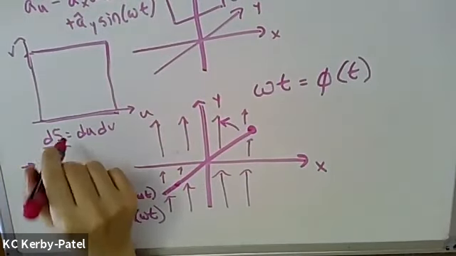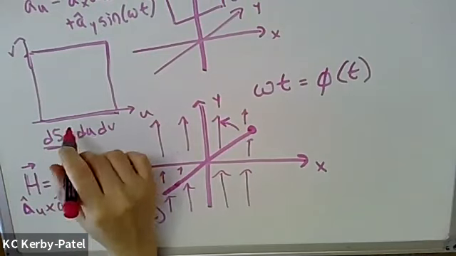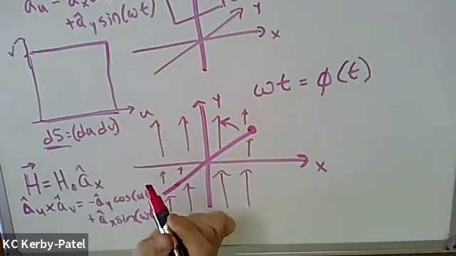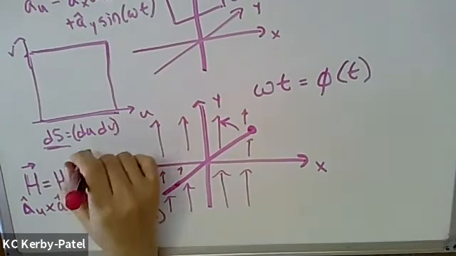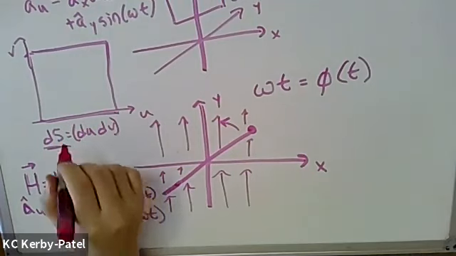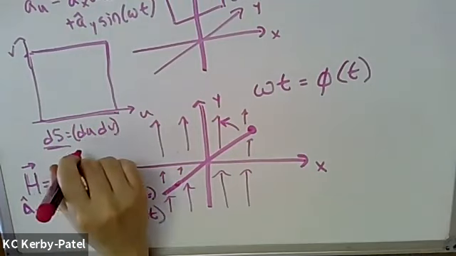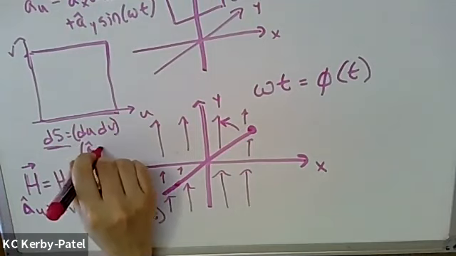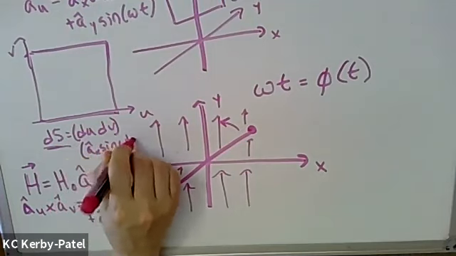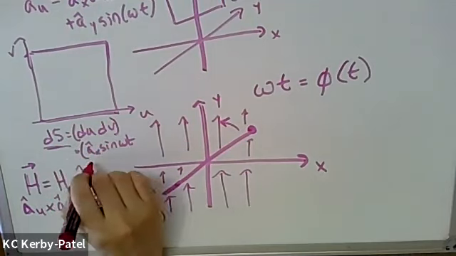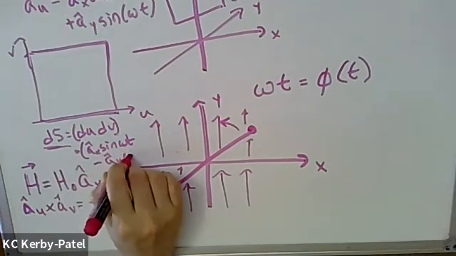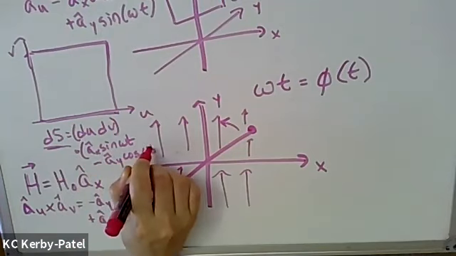So now I have a time-varying ds, with magnitude given by du dv, and direction given by a hat x sine omega t minus a hat y cosine omega t.